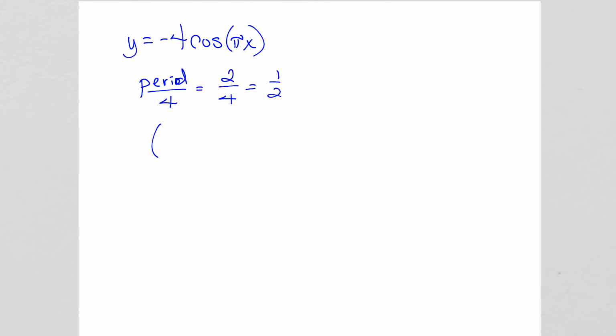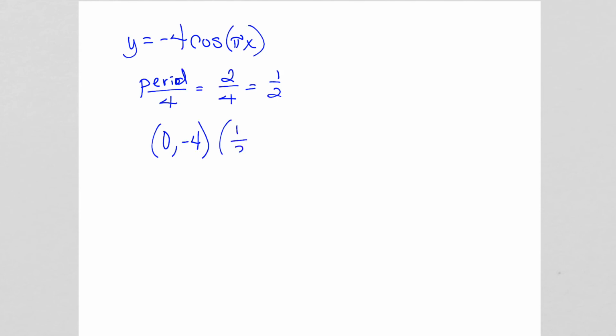So where we would normally start at 0, 1, we're starting at 0, negative 4. Okay? So it was at 0, 1, and now if it were just a positive 4 there, then it'd be at 0, 4. But since it's negative, we have to flip down to negative 4.